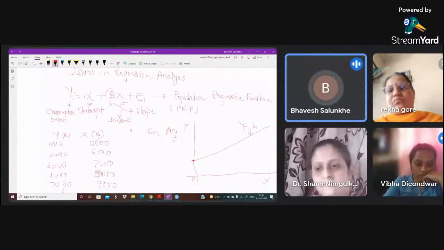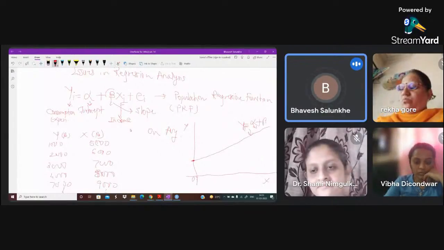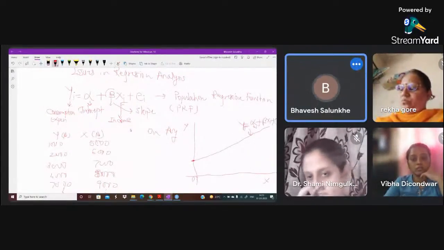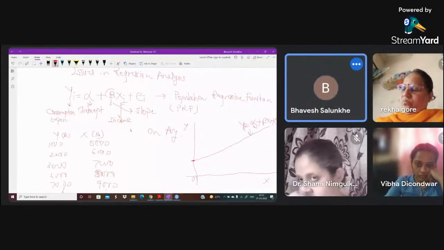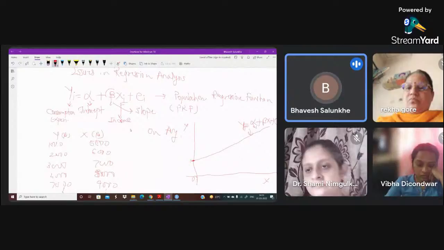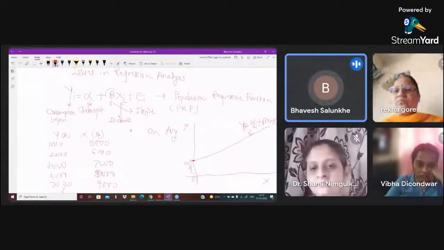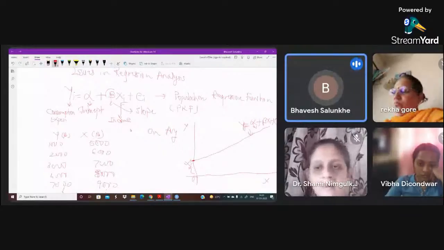Now this line which I am talking about is the population regression function, and we don't know this line because we don't have data for all the families in Mumbai. So this is alpha. When level of income X is 0, consumption expenditure is still this much, because it is possible for people, if they are not earning, to borrow and consume, isn't it?